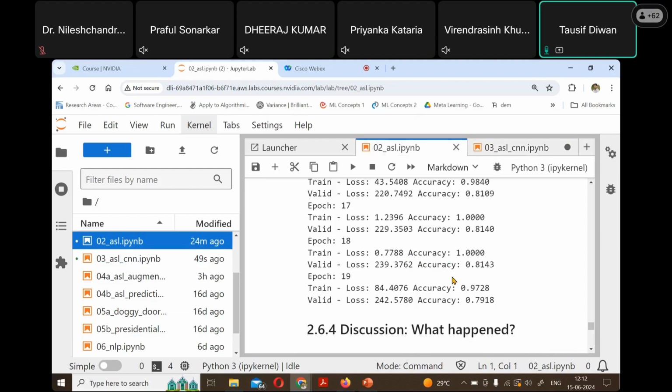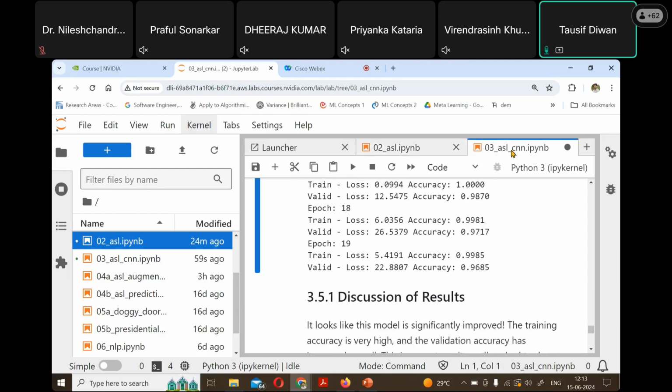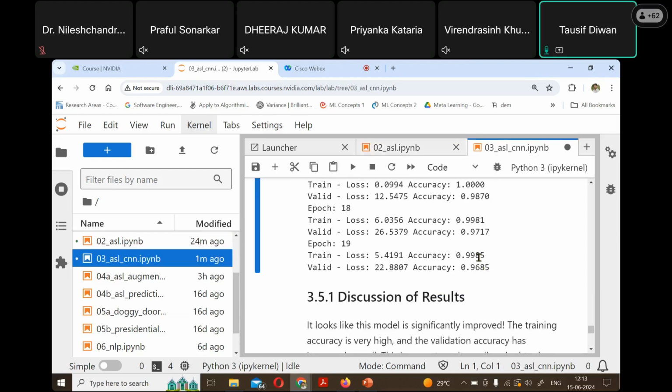Now, in the previous one, when we used the deep neural network, training accuracy was 97% and validation accuracy 79%. See this difference and just compare it. The difference is there here also, but it is very low, very less. The reason is that here we are using a CNN model.